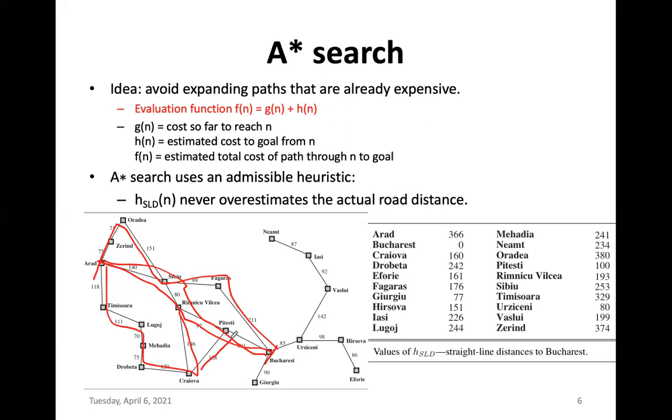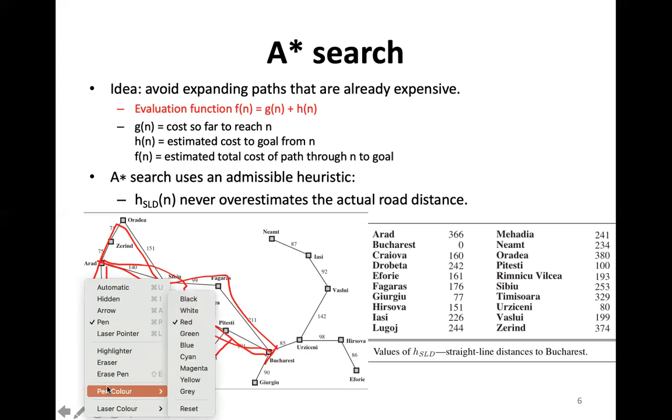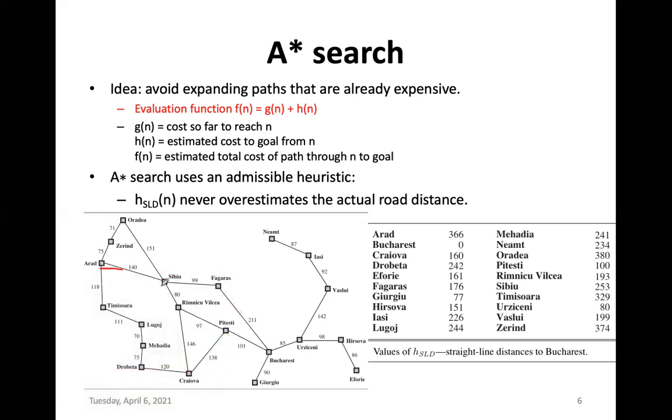So there are some parts in these multiple paths which are expensive, and there is a path which is an optimal path, and that is this one, going from Arad to Sibiu, Rimnicu Vilcea, Pitesti, and then Bucharest. This is the best one. The rest of the paths are the expensive ones. So this is the idea, to avoid expensive paths.